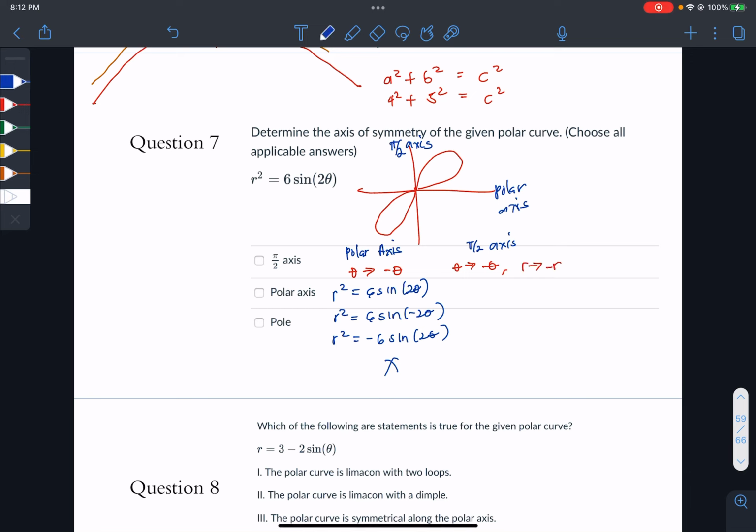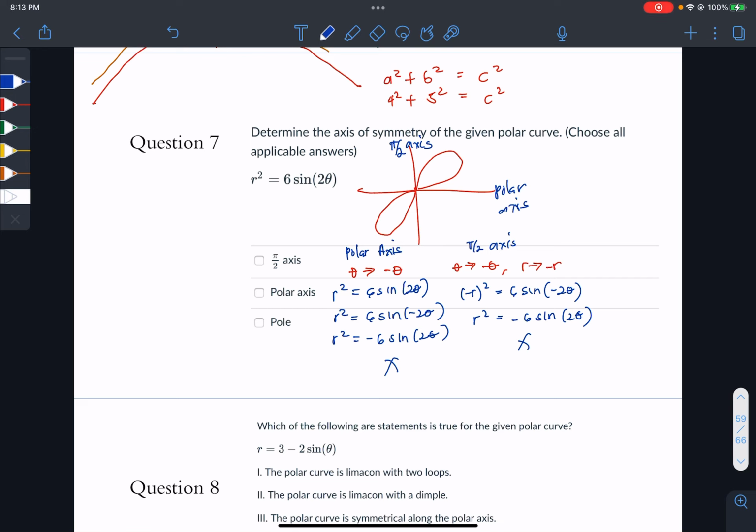So yung r gawin mong negative r, yung 2 theta gawin mong negative 2 theta. So this one is r squared equals negative 6 sine 2 theta, which is still not the same.